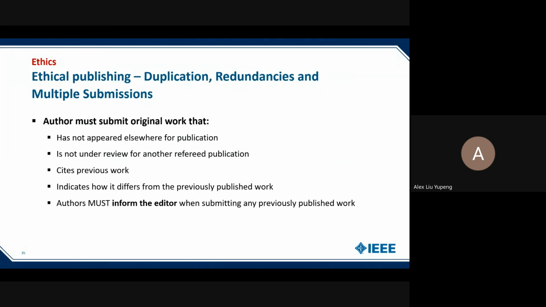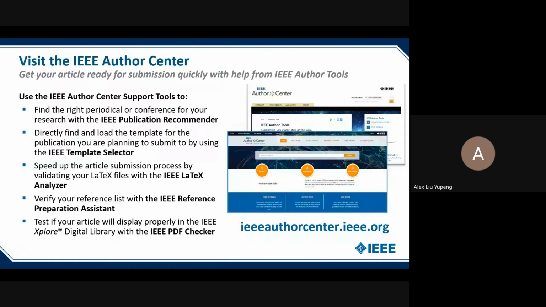The methodology also needs to evolve to reflect the changes or updates from your previous research. So that's very important, original research. And of course, if your paper is published somewhere else, please don't submit that. We will straight away reject it because that's not original research.